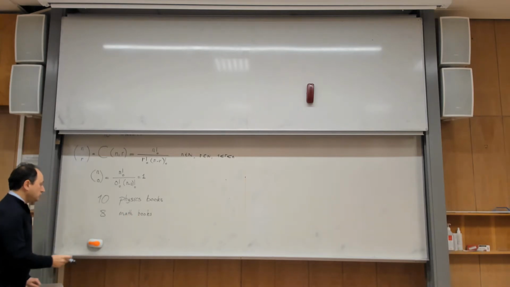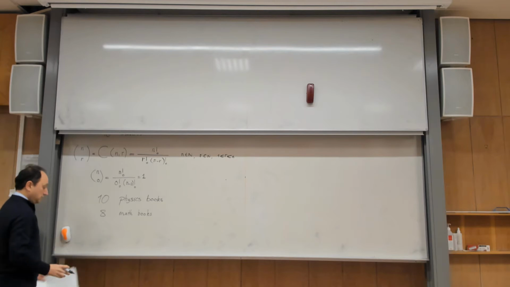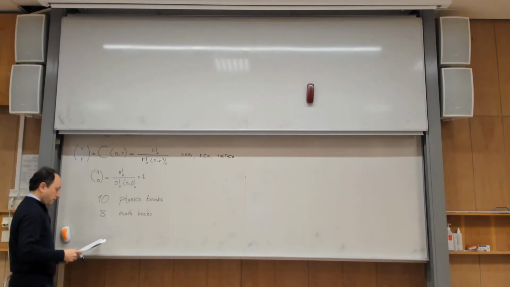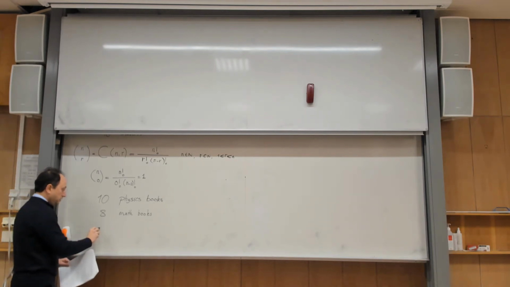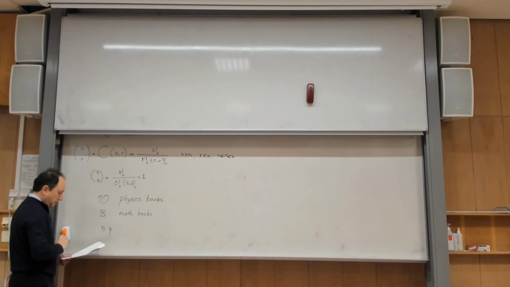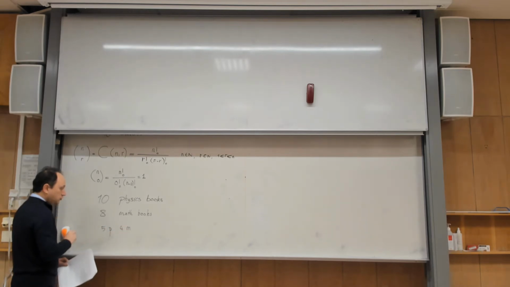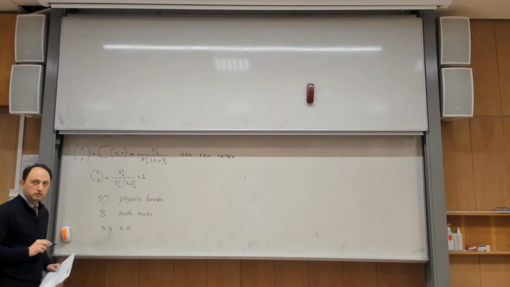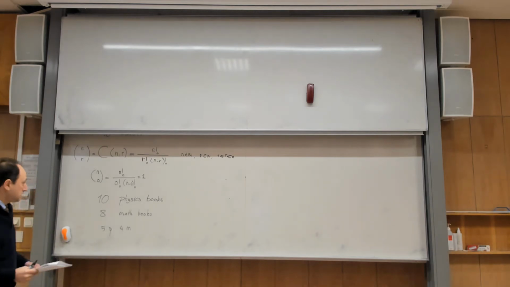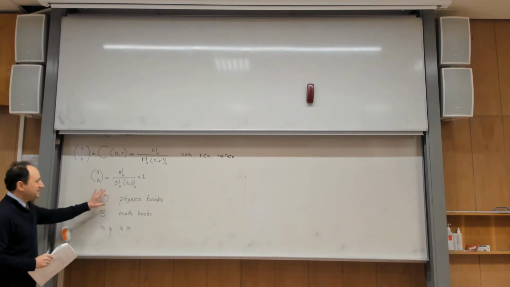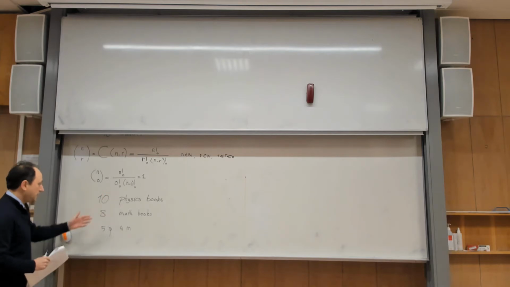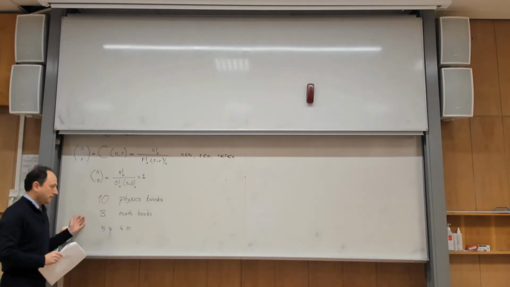If I ask you in how many ways you can choose 5 physics books and 4 math books and arrange them alternatingly, the question is that I have 10 distinct physics books and 8 distinct math books.